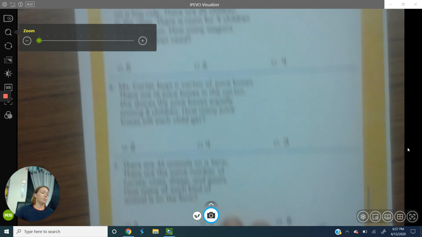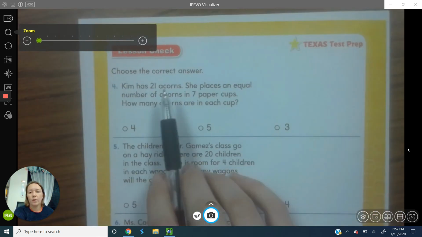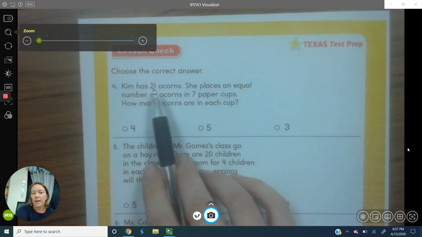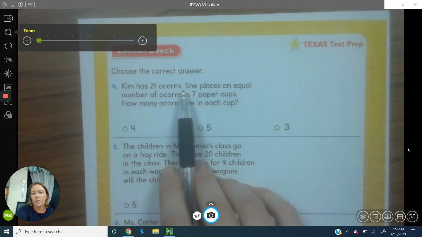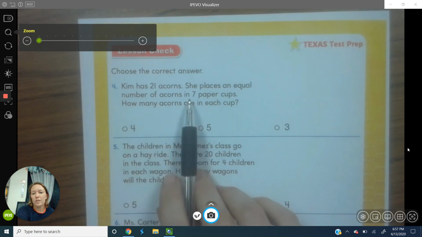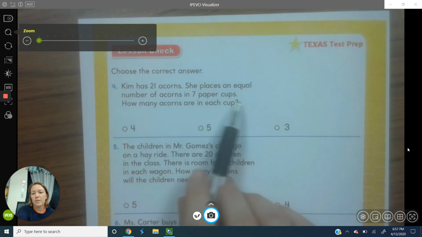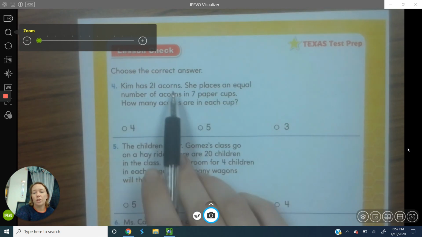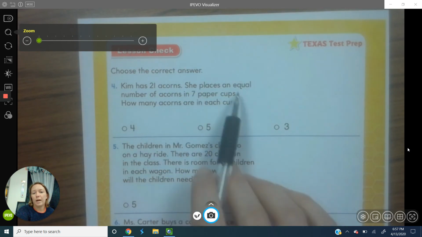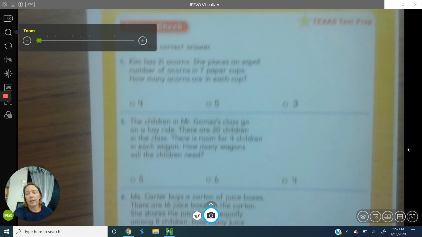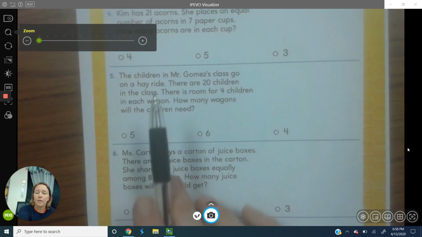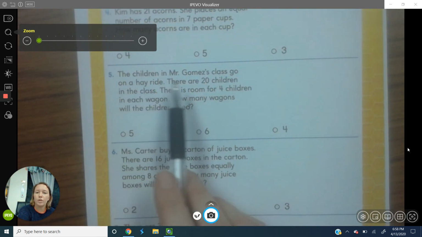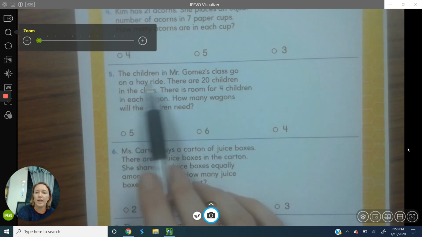All right, number 4. Kim has 21 acorns. She places an equal number in 7 paper cups. How many acorns are in each cup? So you know your total number of acorns and your cups. So draw cups and then divide them. Mr. Gomez's class goes on a trip.